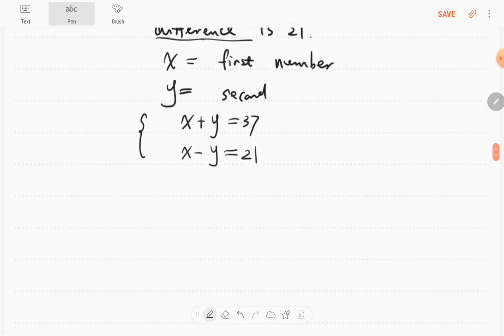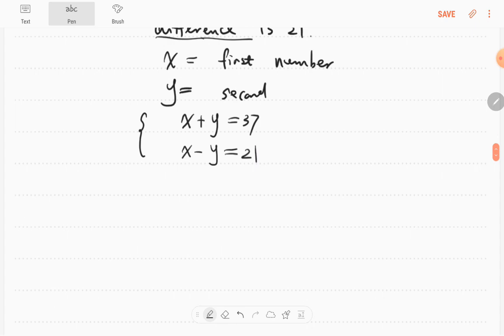Next, we could use the addition method or the substitution method. Here, maybe we could eliminate y directly because the coefficients of the two y's are +1 and -1. So if we add them up, we will automatically eliminate y. This time we will pick the addition method.